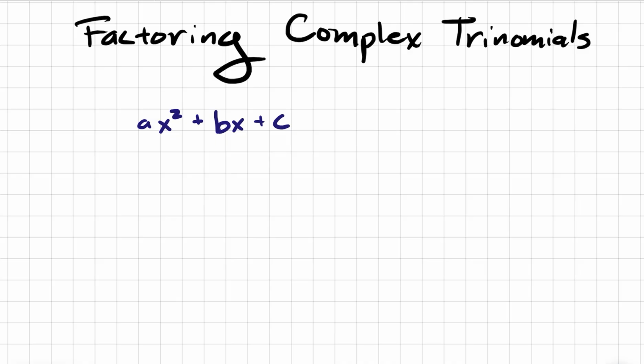So first off, we are going to use a similar format. First thing I'm going to do, off on the side, is a times c. I'm going to multiply those two numbers together to get some number.